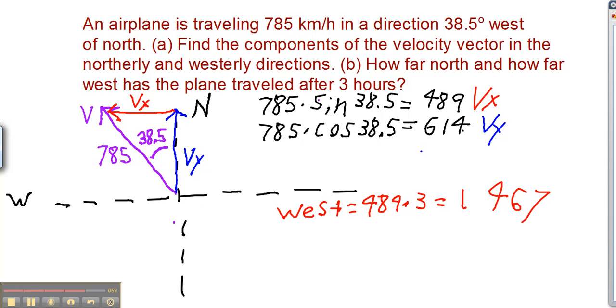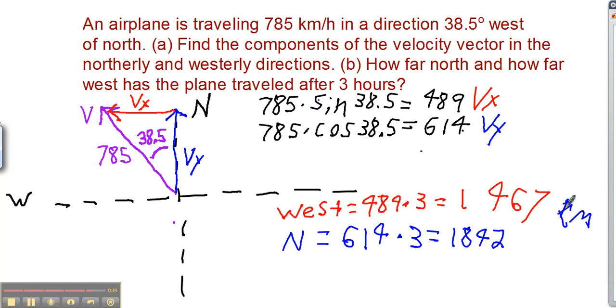And then in the north direction, it's the same drill. You just multiply it by 3. So what's that? 1842, I think, trying to do it in my head. And that's going to be in kilometers for both. Sorry, kind of sloppy, I'm trying to rush through this. And that does the trick.